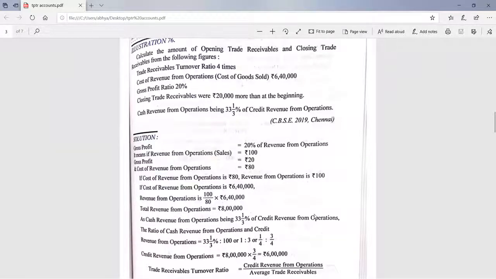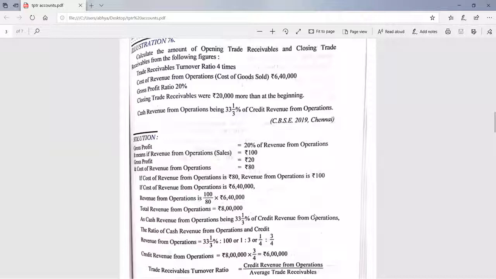So 20%. But here COGS is given, and in earlier classes I told you the formula. If it is given on sales and COGS is given, then 100 minus 20, so the revenue from operations will be equal to 100 upon 80 into 640.